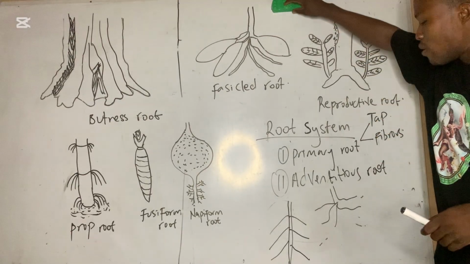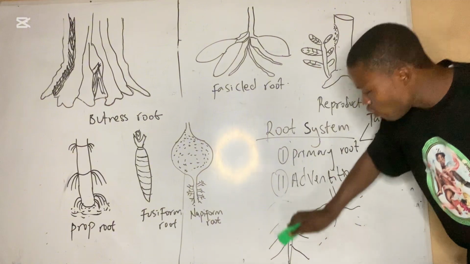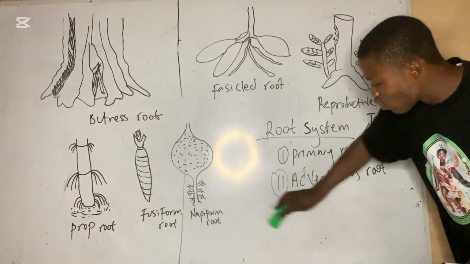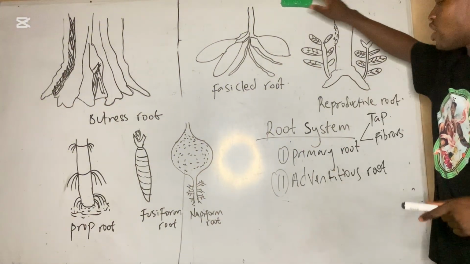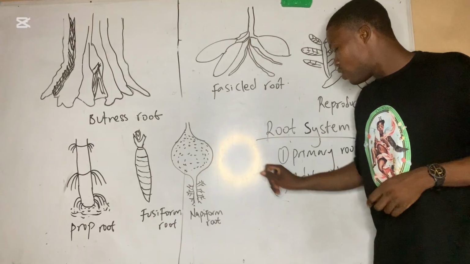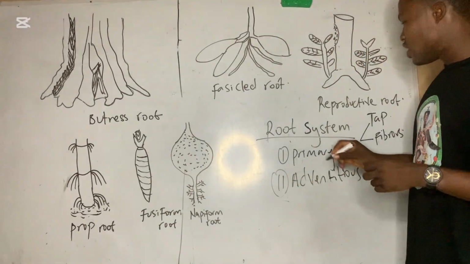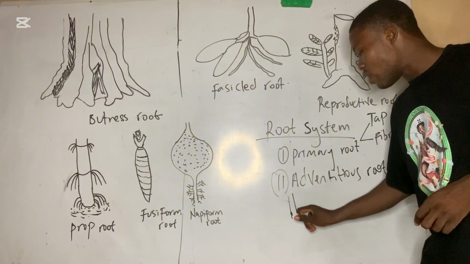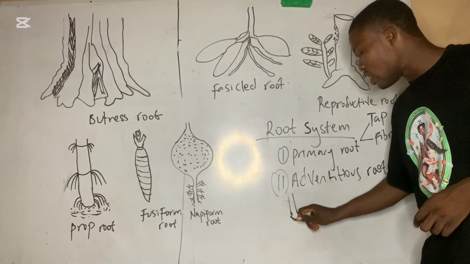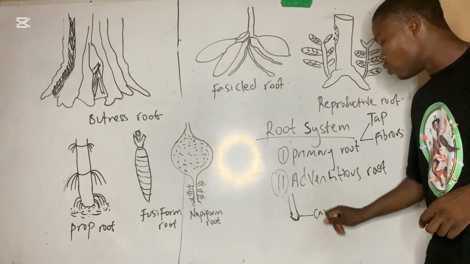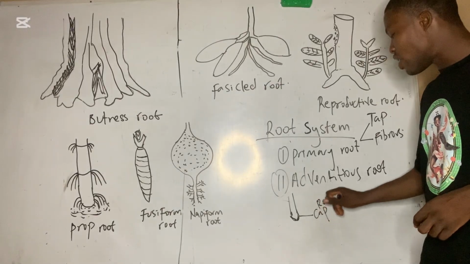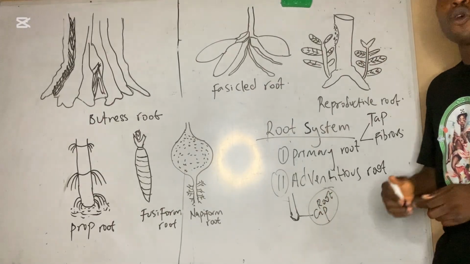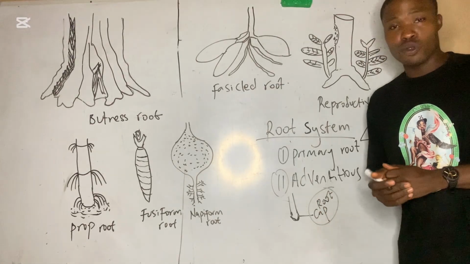Now, for the root system, I have to say this for roots. As a root is growing, let's say we have a root system like this, the tip of the root, the root cap, covers a set of cells we call meristematic cells.